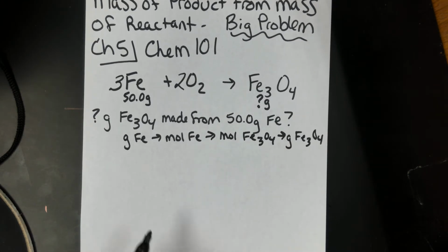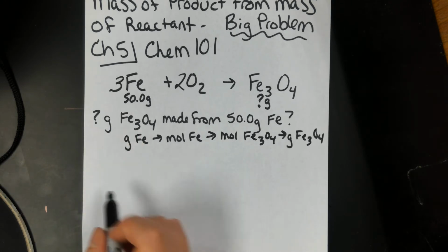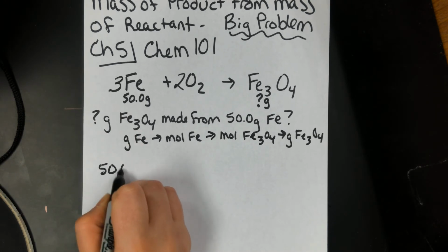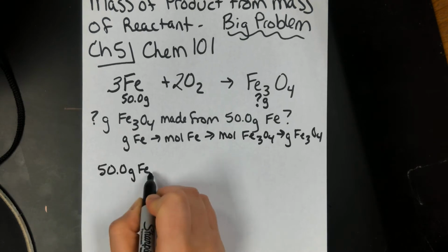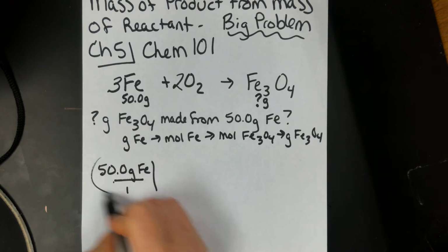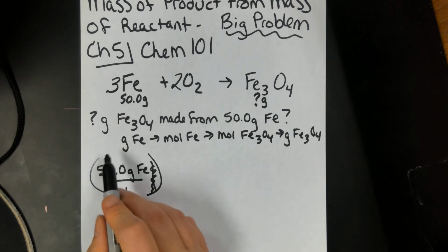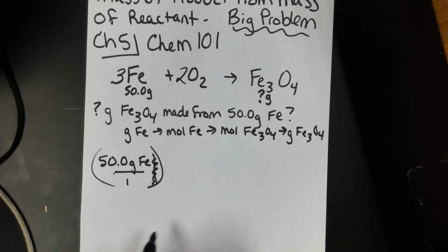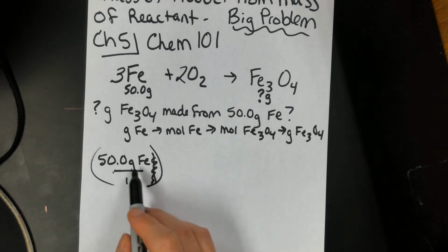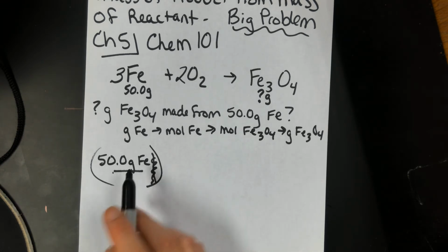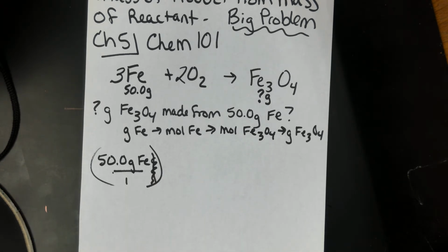So let's start with what you're given. 50 grams of Fe, of iron, put it over 1. I use a line, but apparently it's easier to understand if I put parentheses, so a lot of people prefer the parentheses. So what's the molar mass of Fe, of iron? I'm going to pull up a periodic table because I did not think ahead.